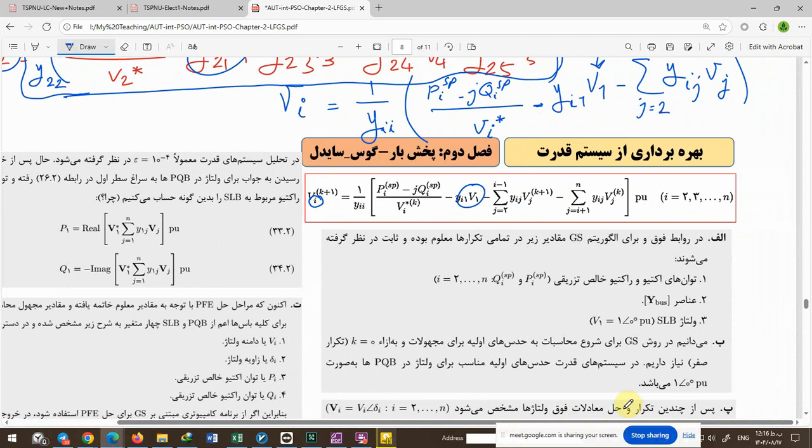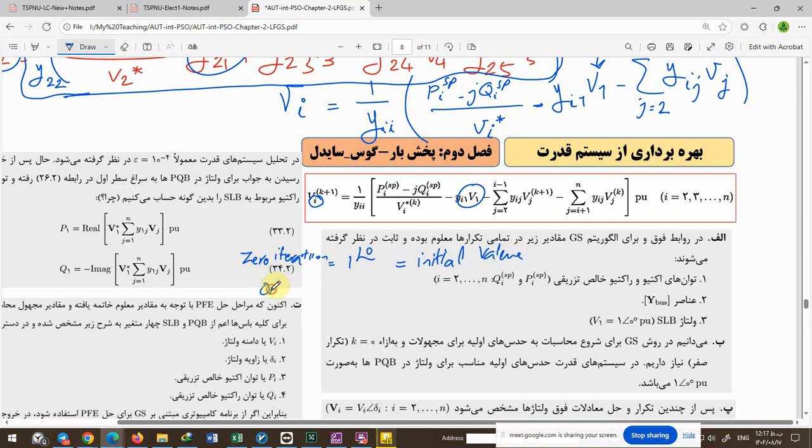After finding the first iteration of each voltage, you have to substitute the new one for the old one. The first value is 1 per unit with 0 angle. It is the zero iteration, or initial value.